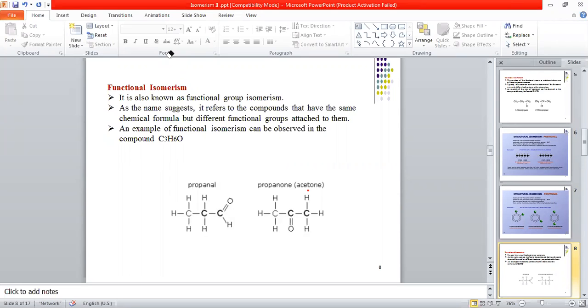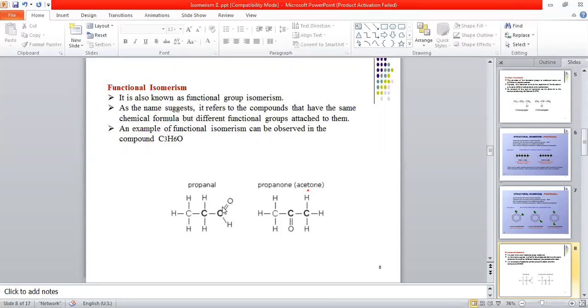Let's take a look at some functional groups. Suppose a functional group, aldehyde, also known as a carbonyl group, is attached to a molecule, then this molecule will be called an aldehyde. If this CHO or aldehyde group is attached to any molecule, then that molecule will be called an aldehyde.